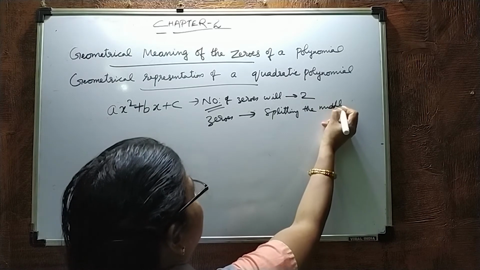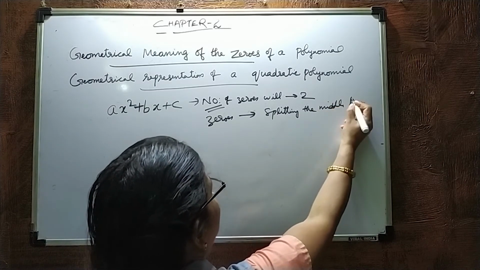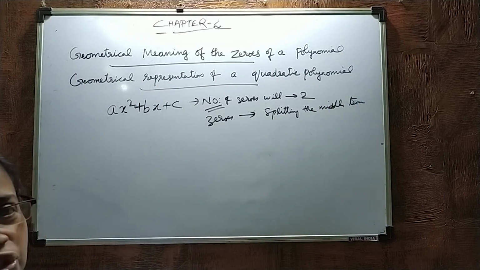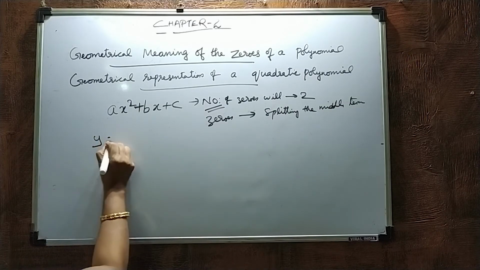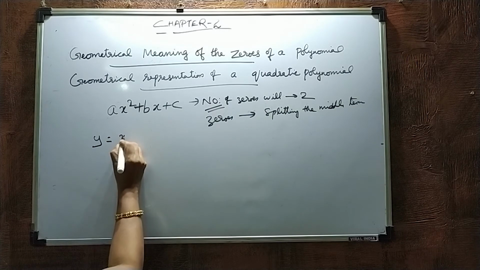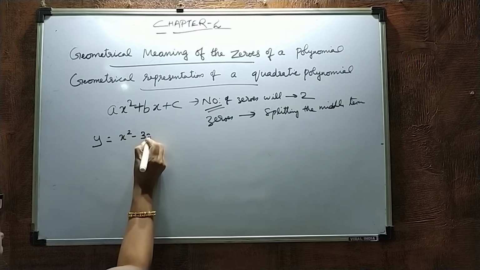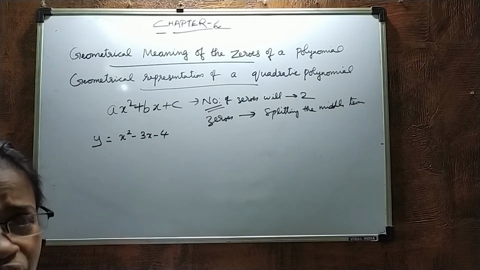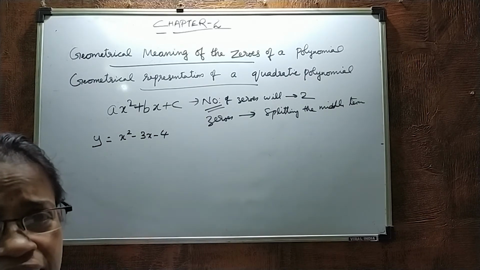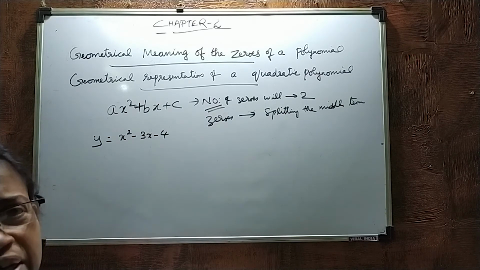Now here we are going to find the zeros by the geometrical representation. Suppose the question is y is equal to x square minus 3x minus 4. And you know in 9th standard you have studied how to draw the graph. You will find some coordinates, and with those coordinates you will get the graph.